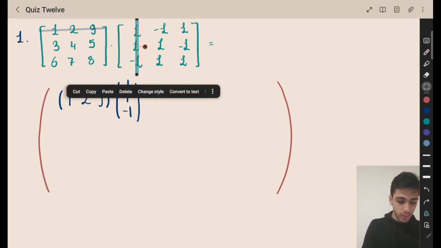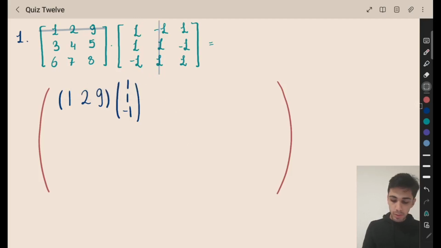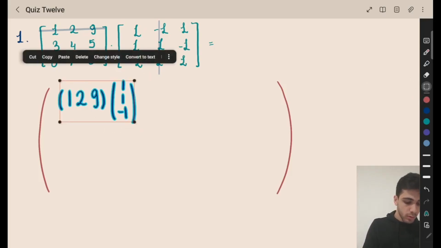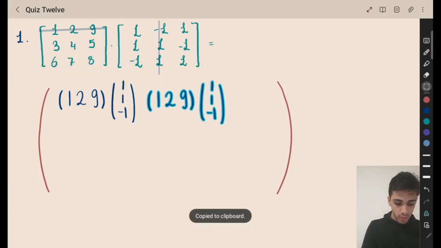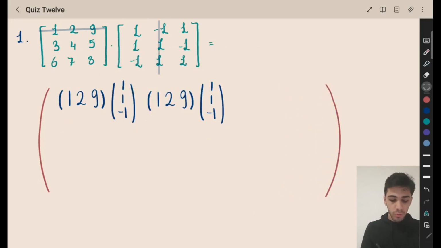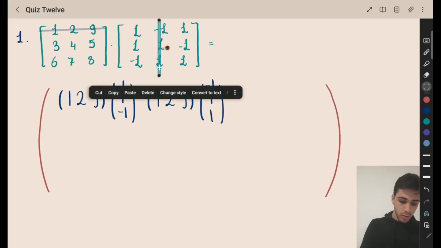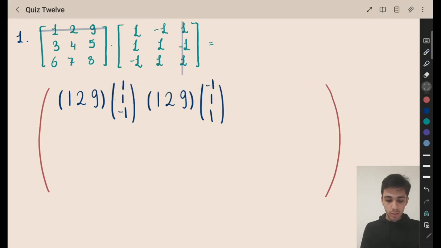I do the same thing. I move this here, then they meet in the middle, and then write for the middle term 1, 2, 9, and then -1, 1, and 1. I do this 7 more times.